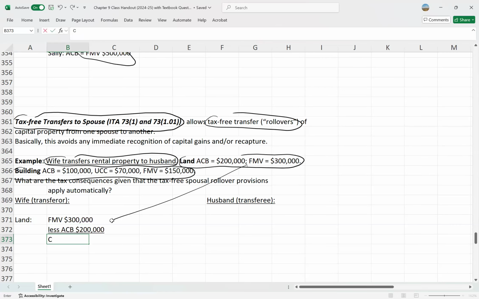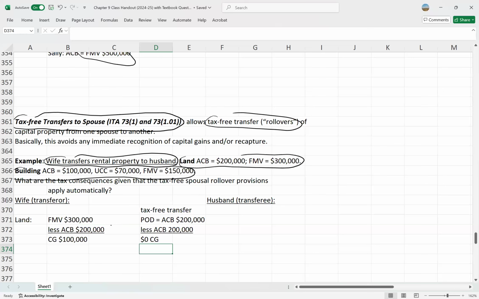That would basically result in a capital gain of 100,000. But with this tax-free transfer, because it's between spouses, it will deem the proceeds to equal the adjusted cost base of 200,000. So then we minus the adjusted cost base, which is 200,000, and that will result in 0 capital gain.